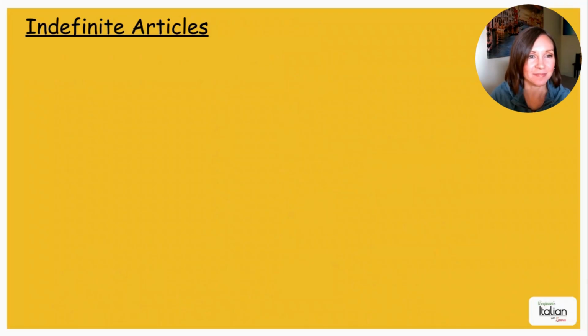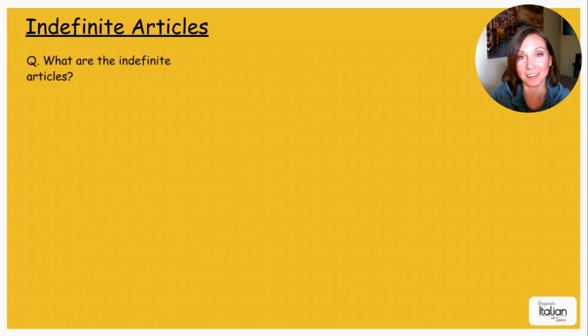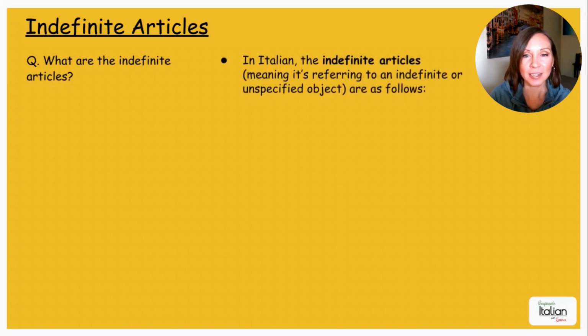Indefinite articles. What are the indefinite articles? So in Italian, the indefinite articles, meaning it's referring to an indefinite or unspecified object, are as follows. For a masculine noun, we use un. For a feminine noun, we use una.